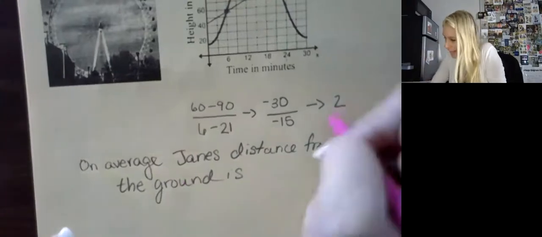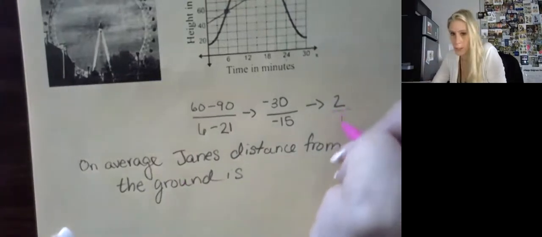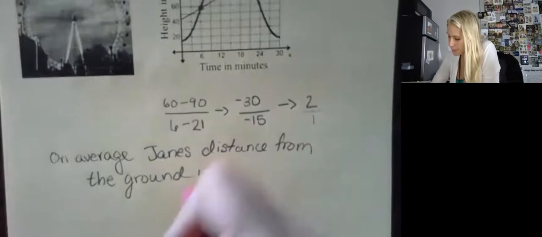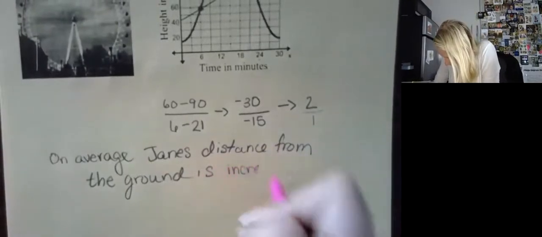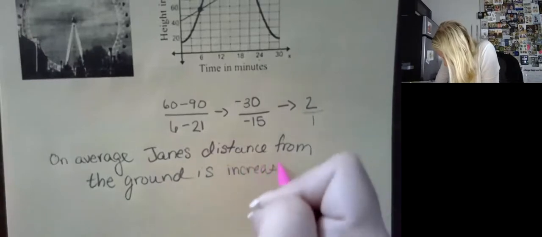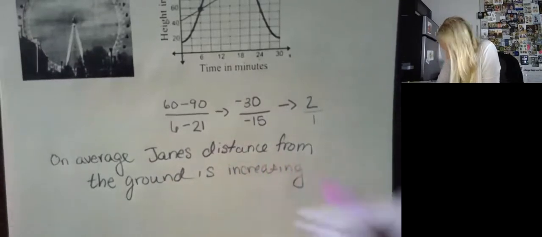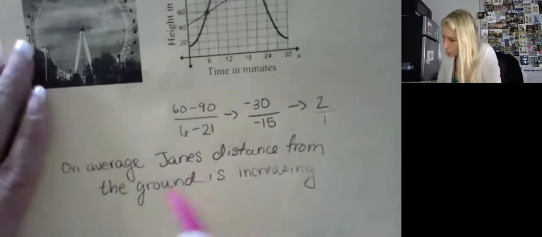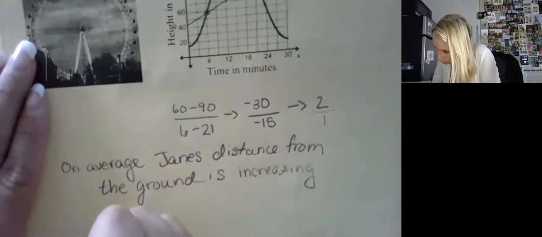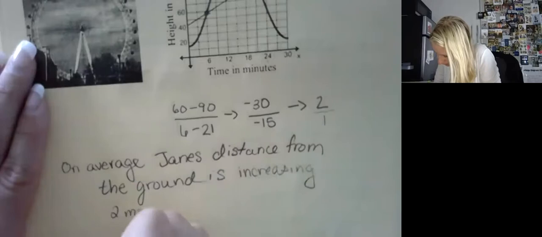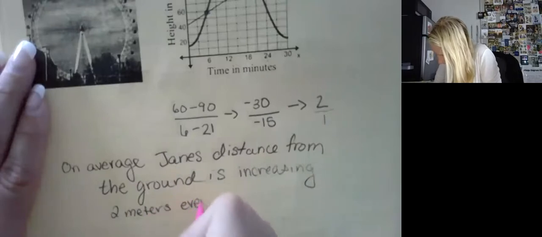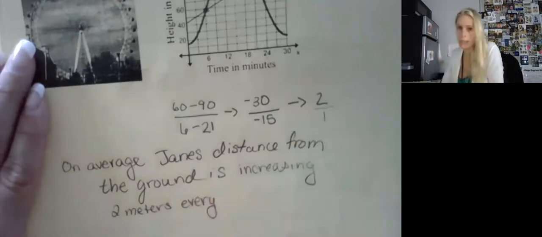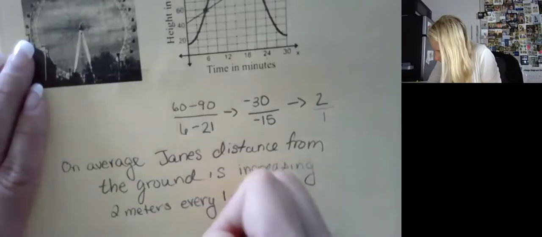The 2 is actually in the numerator, right? This is 2 over 1, and is positive, is increasing 2 meters every, and then what would that 1 mean? Well, every 1 minute.